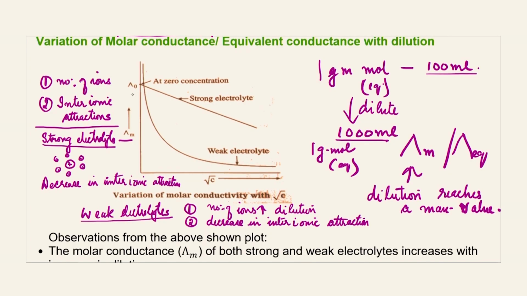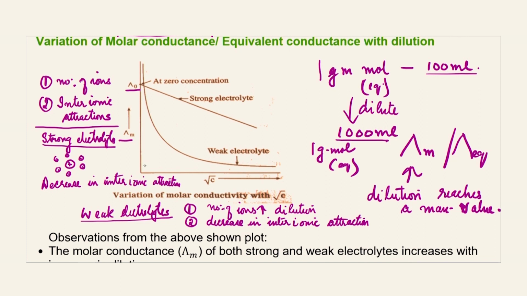So, with the decrease in interionic attraction, it goes on increasing, and therefore, you can see for a strong electrolyte there is a regular increase, and finally, you can say that this value can be extrapolated to 0 concentration, and the value is known as lambda 0, or it is a molar conductance or equivalent conductance at infinite dilution.